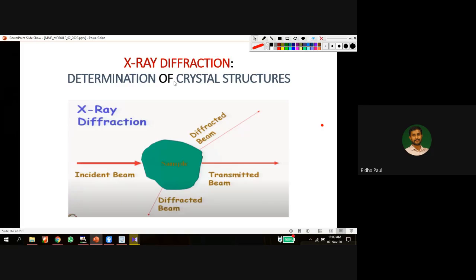Based on these regular spots, they concluded that X-rays have wave type nature.